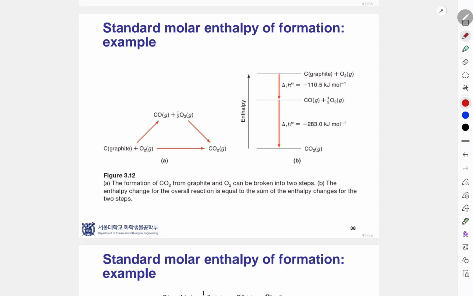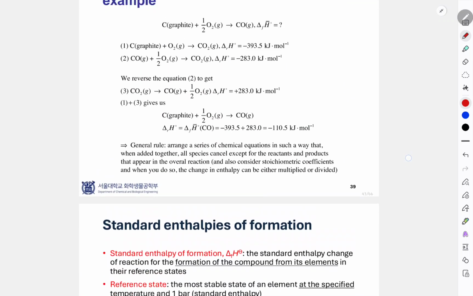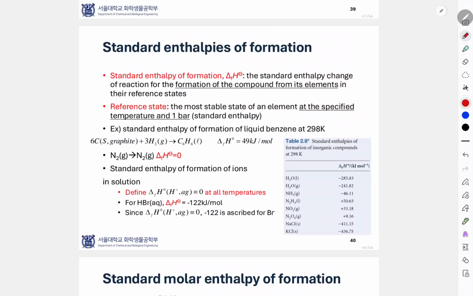Another standard enthalpy, as we already mentioned, is the standard enthalpy of formation. This is the enthalpy change of reaction for the formation of a compound from its elements in the reference state.